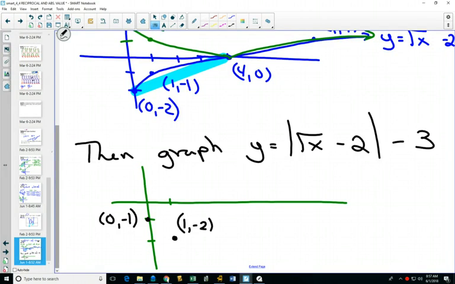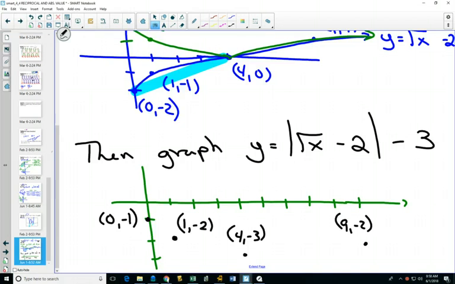Our x-intercept that was at 4, 0 will now be at 4, negative 3. And our point at 9, 1 will now be at 9, negative 2. And the shape stays the same.